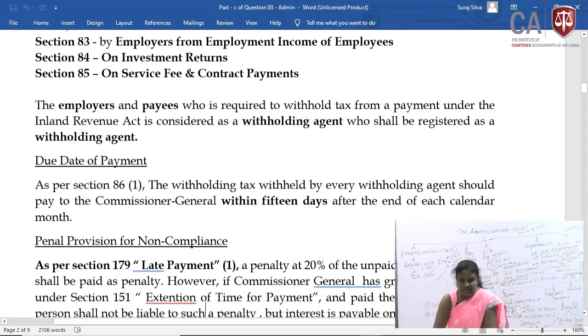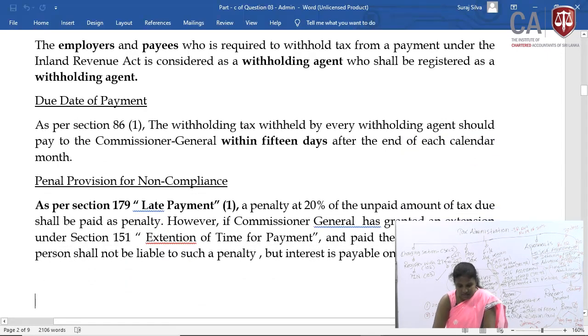For withholding tax, due dates of payment are in section 86 subsection 1. The withholding tax withheld by every withholding agent should be paid to the Commissioner General within how many days? Within 15 days after the end of each calendar month.